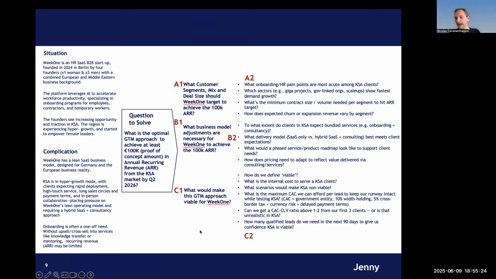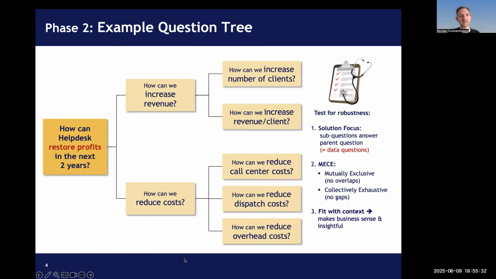Fine. Now, if we take a how-to question, like our help desk thing, that's a how-to question, right? Then indeed, the distinction between a data question and a solution-focused question is very easy.